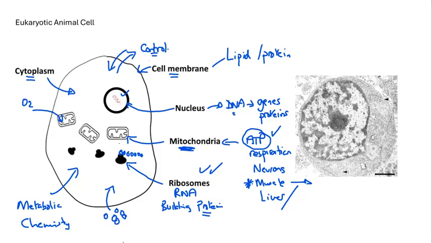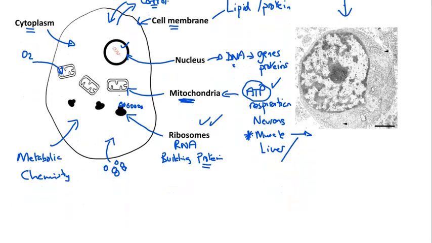So that's the basic animal cell. Here's an image of an animal cell as seen with an electron microscope, a little bit more powerful than the ones that you'll see at school, but you will still be able to see very good examples with a light microscope of animal cells.